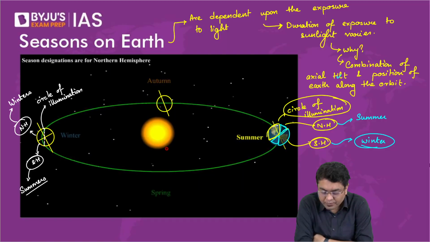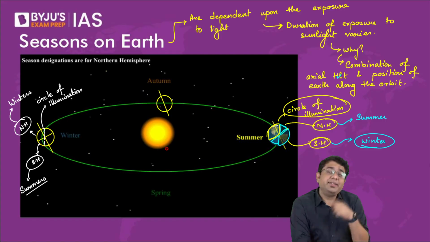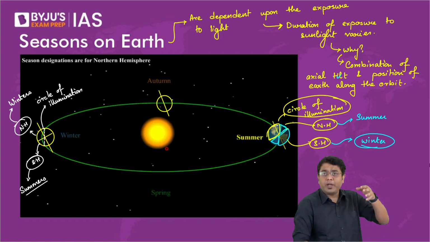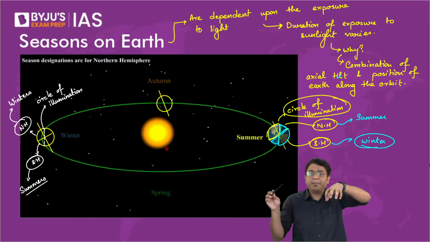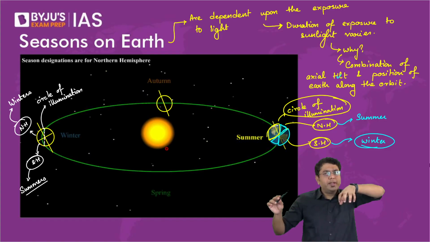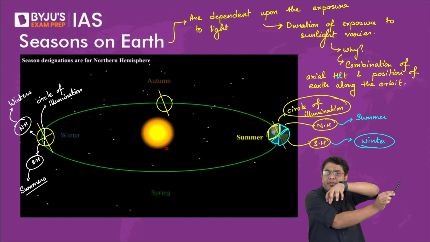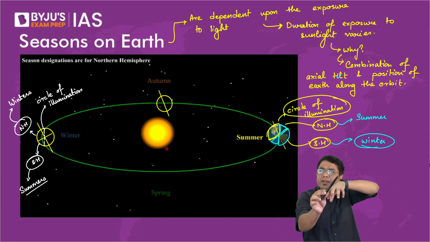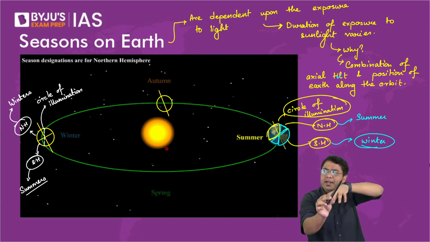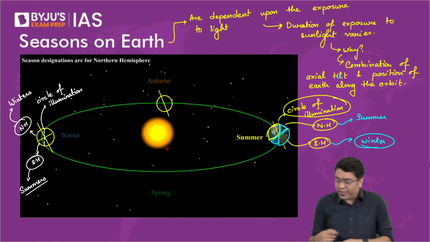Okay. Good. So here tilt is still there. But it is neither tilted towards the sun nor away from the sun. It is tilted in a different plane altogether. So imagine if this is the sun, the planet would rotate like this. If it is here, northern hemisphere is tilted towards the sun. If it is here, northern hemisphere is away from the sun. But if it is here, there is the tilt, but neither it is tilted towards the sun nor away from the sun. So both the hemispheres get equal exposure to sunlight.